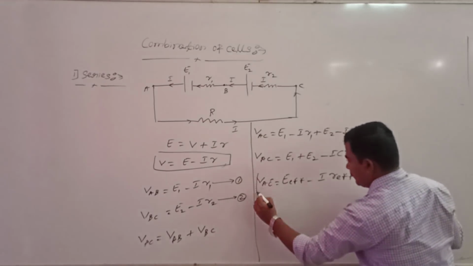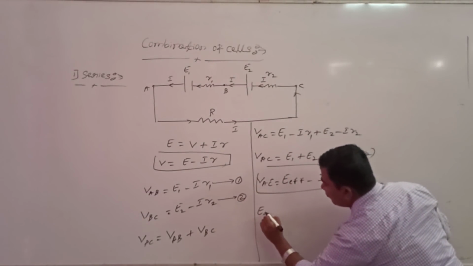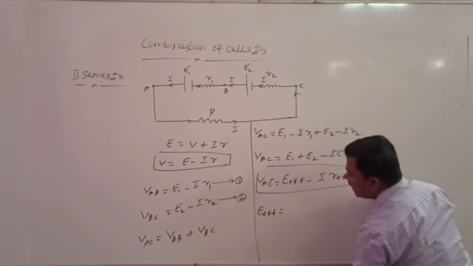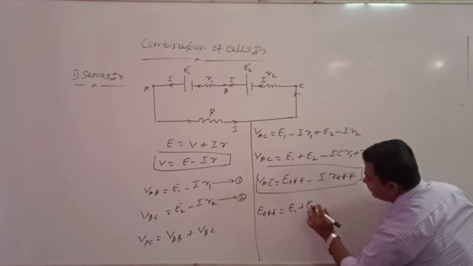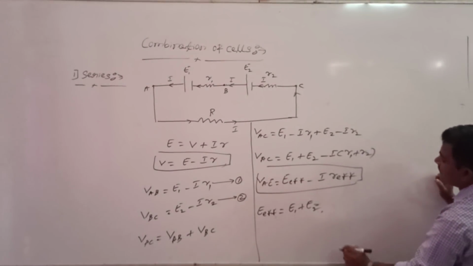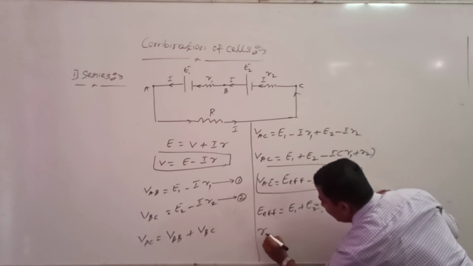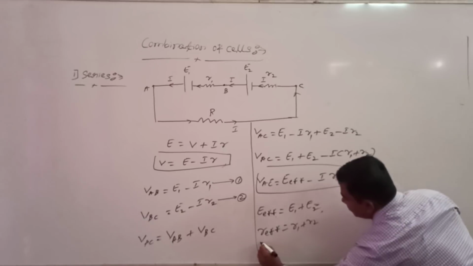So E effective is equal to E1 plus E2, and R effective is R1 plus R2.